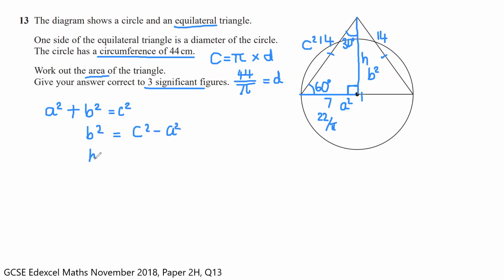And now if we start plugging in the values, we can do b squared is equal to 14 squared, or 14 point whatever it is, subtract 7 squared, and that's going to give us our value for b squared. It's going to give us a value of 140 something.